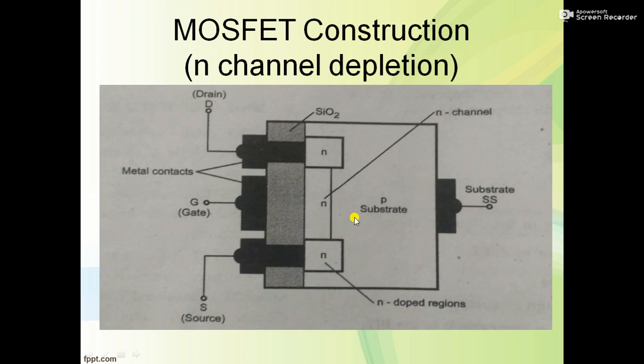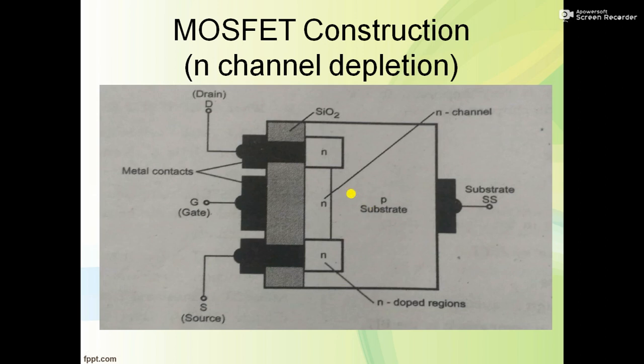In this construction, there are two very highly doped N regions, and these N regions are diffused into a lightly doped P-type substrate.